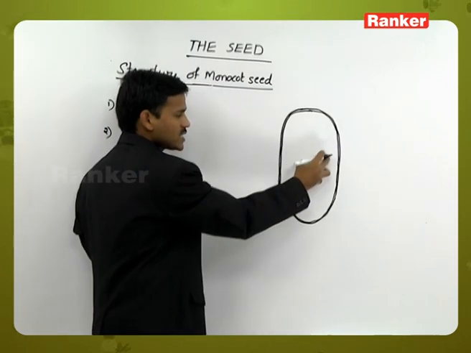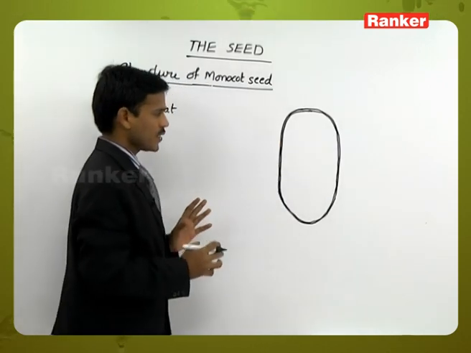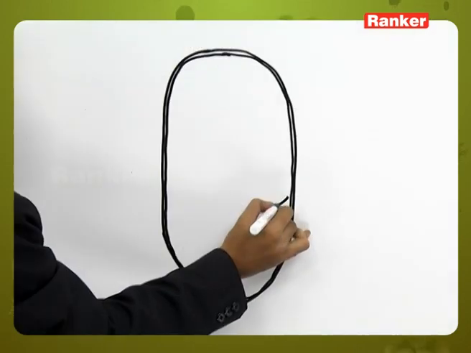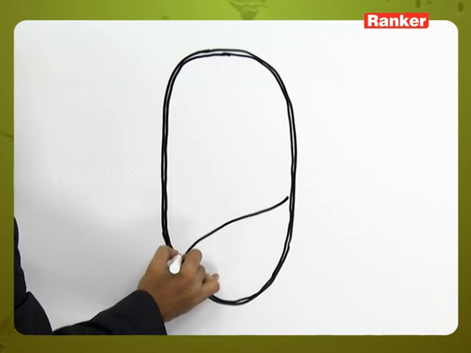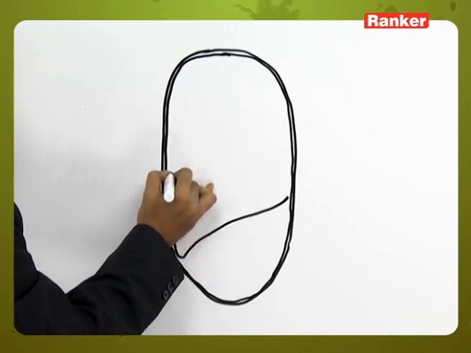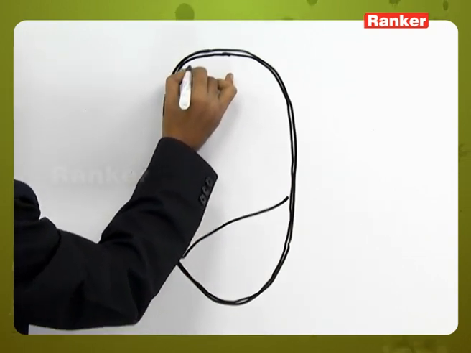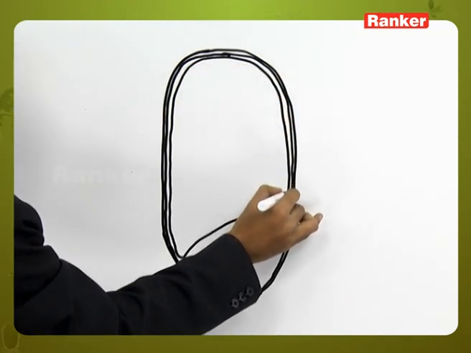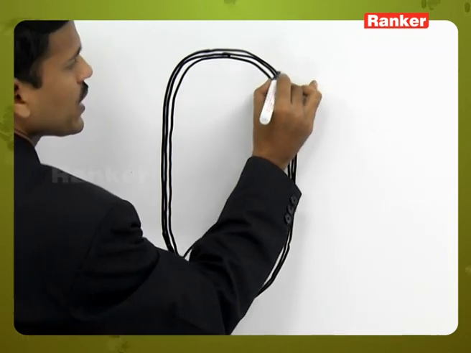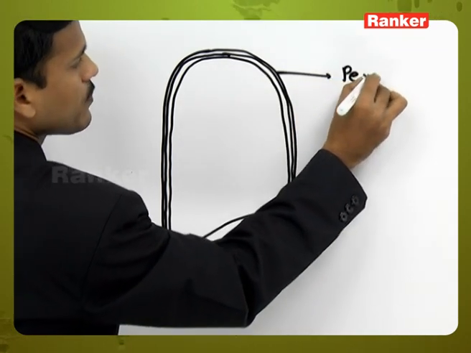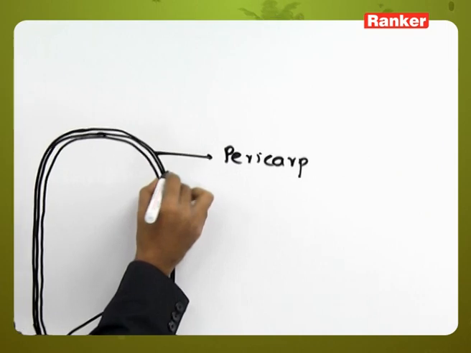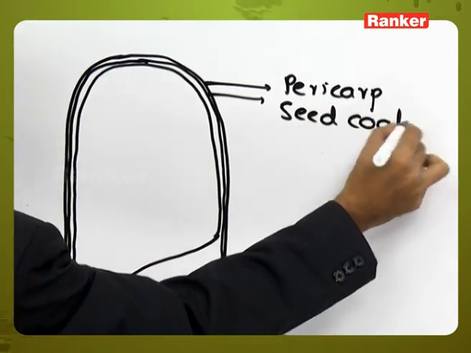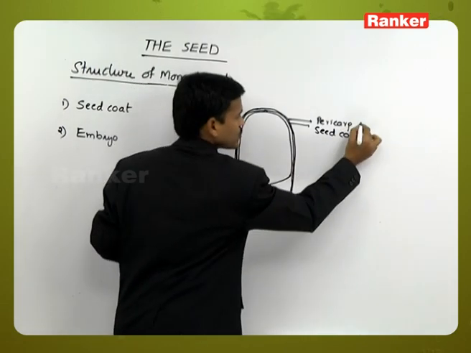Next, inside, the major part is occupied by endosperm. So the outer layer is pericarp, then the seed coat. Both are fused.